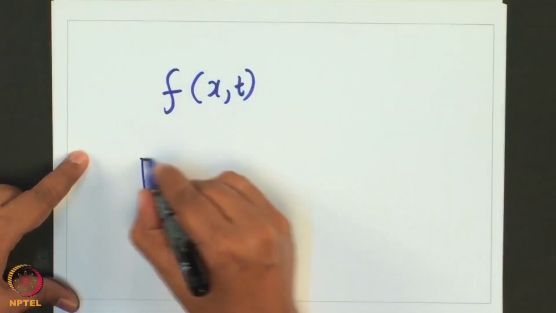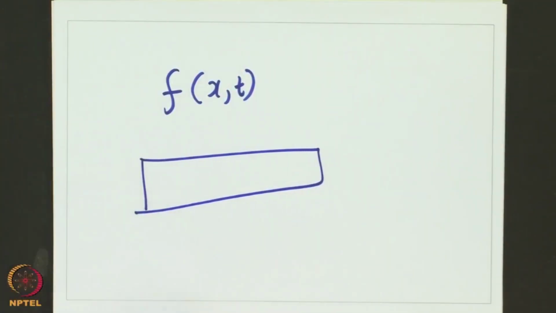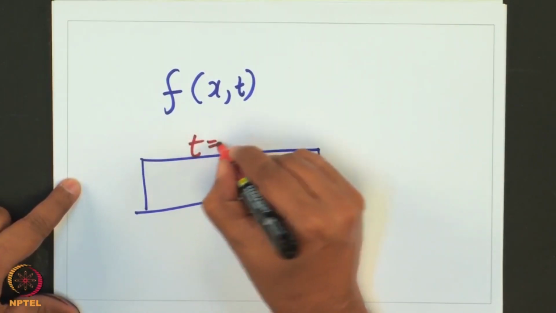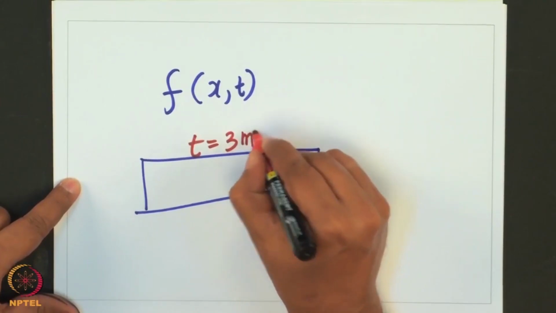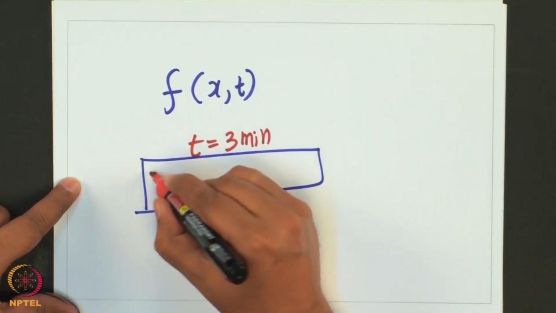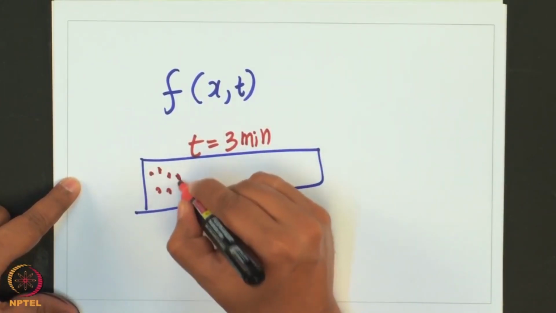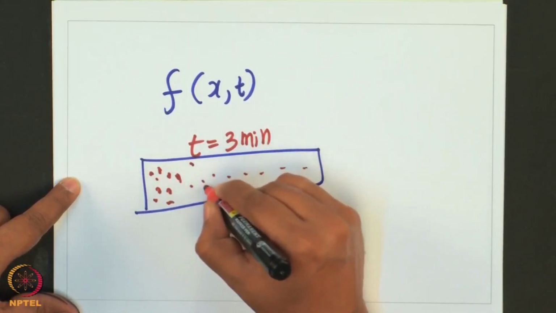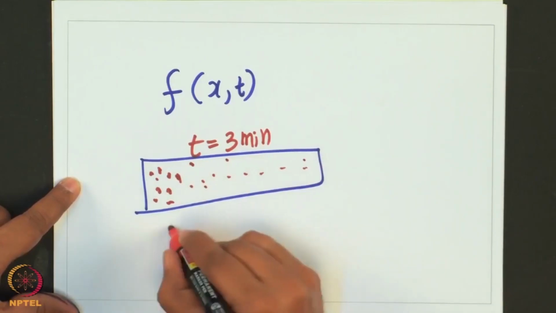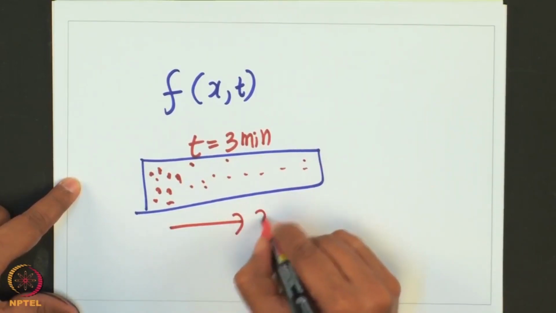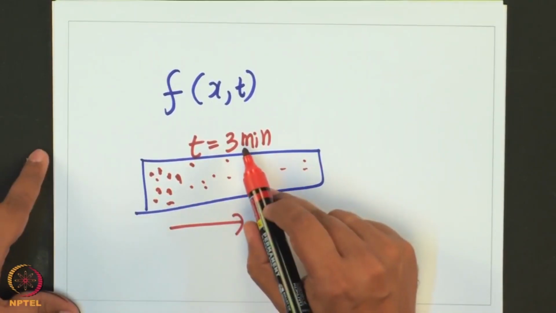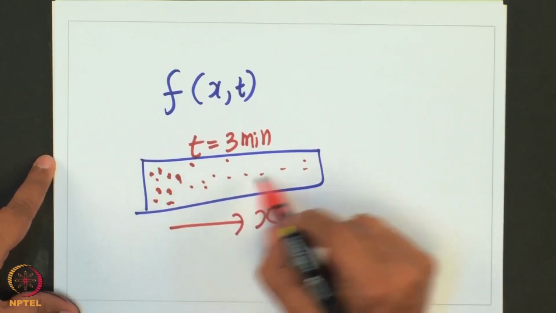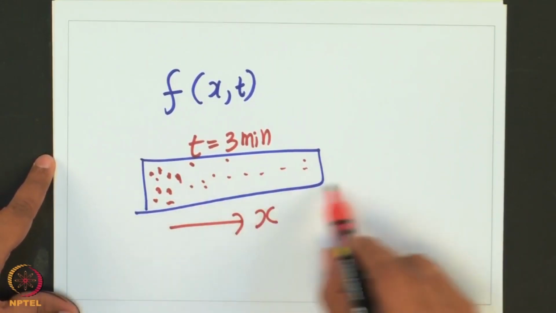Think of a cell or a tube in which you have concentration, and you want to know at t equal to 3 minutes, at the third minute, how the concentration is varying along x. That is all I want to know. I keep the time constant. I want to know how the concentration is varying along x.